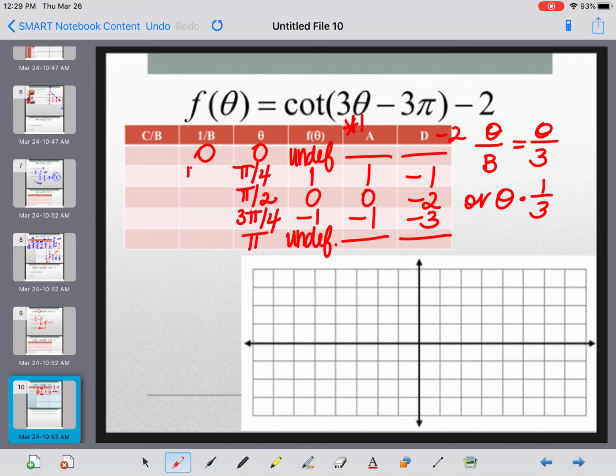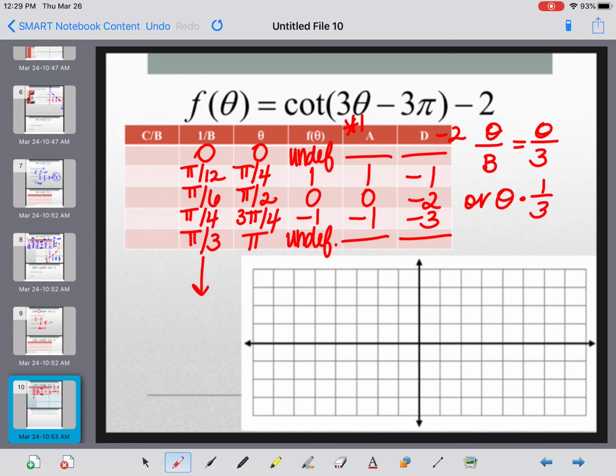So I get a 0, pi over 12, pi over 6, pi over 4, and pi over 3.